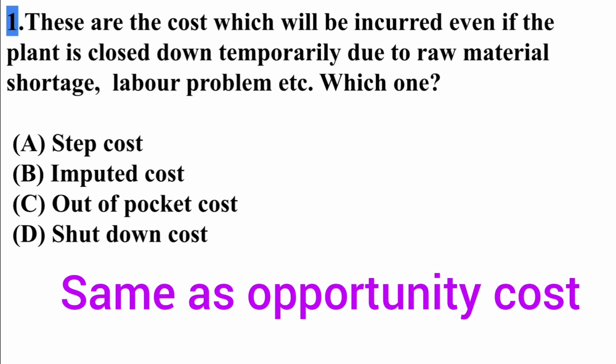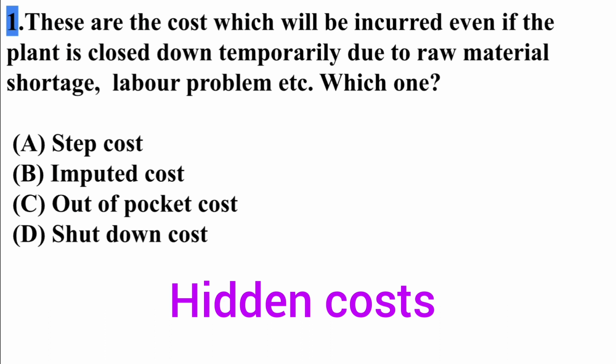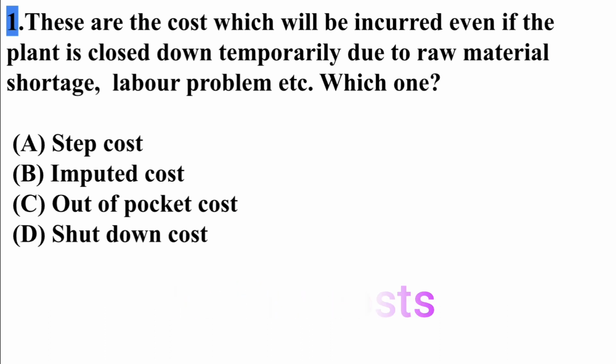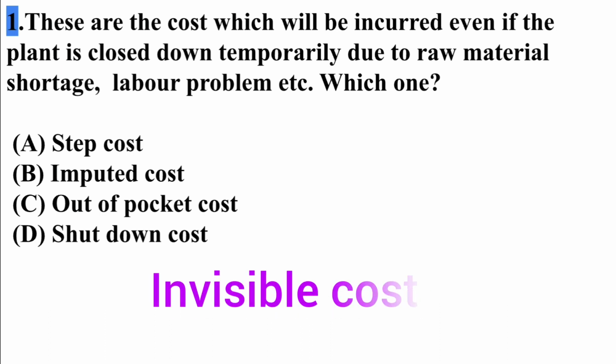For example, if I decide to go and get my graduation instead of working for a company, the salary I gave up for getting my graduation is counted as imputed cost. These are hidden, invisible costs, and these costs do not appear in financial statements either.